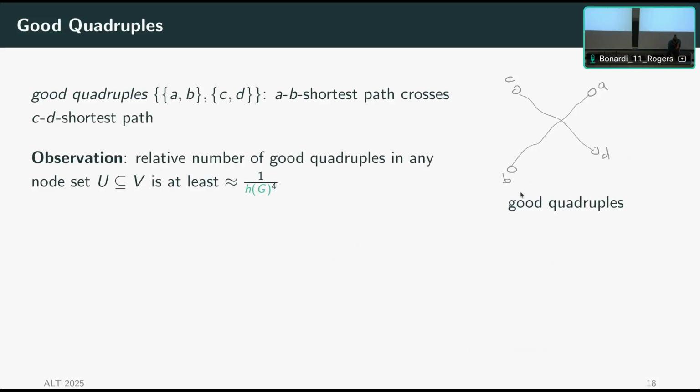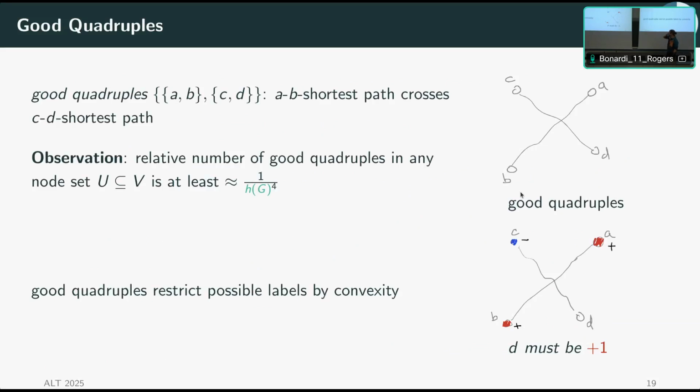Why do we care about these crossing shortest paths? They restrict your labeling by our assumption: as soon as you know that these two are red, or positive, and this one is blue, by the convexity assumption this one cannot be blue as well, because otherwise we would have a violation of convexity. So this one must be red as well.